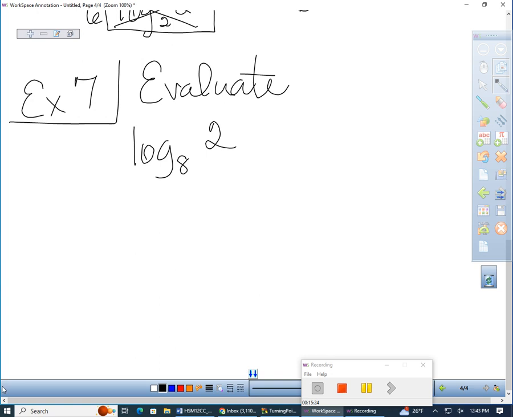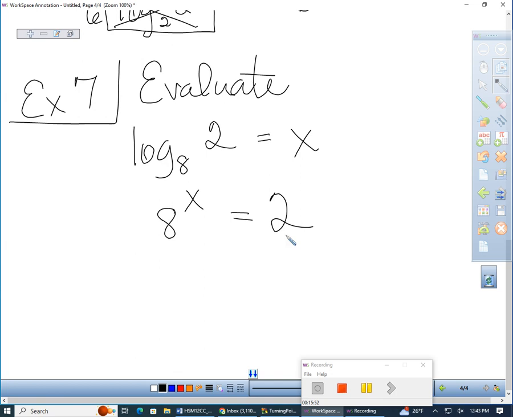Now, looking at this, you can't change 2 to a base of 8 very easily, right? So we set it equal to x, and we can rewrite this as 8 to the x equals 2.